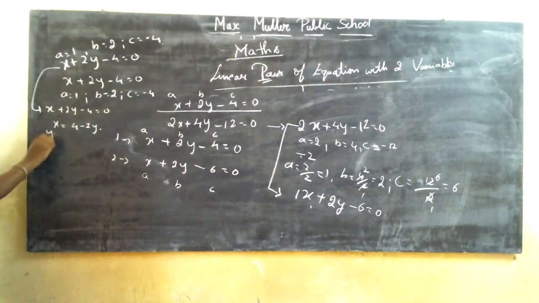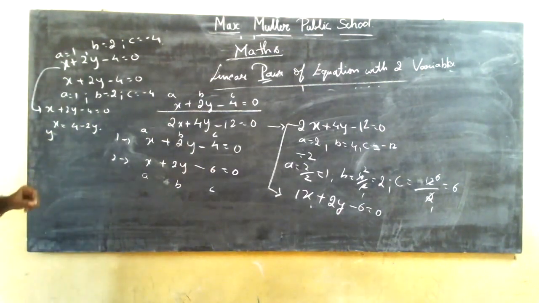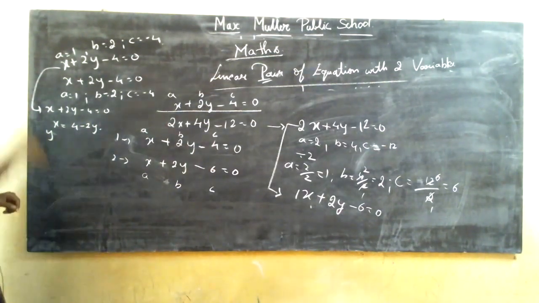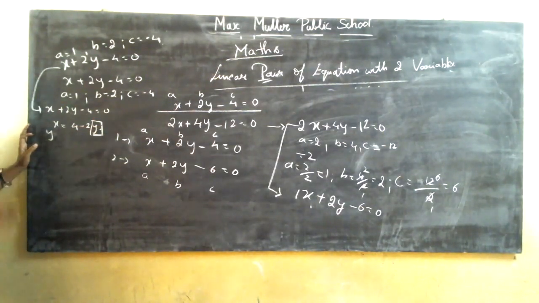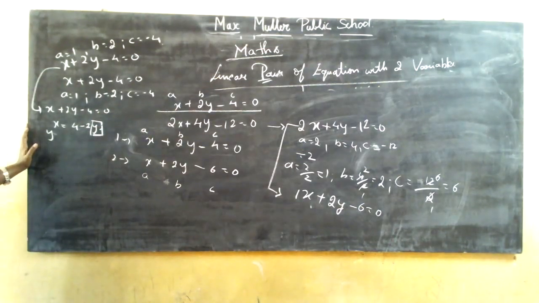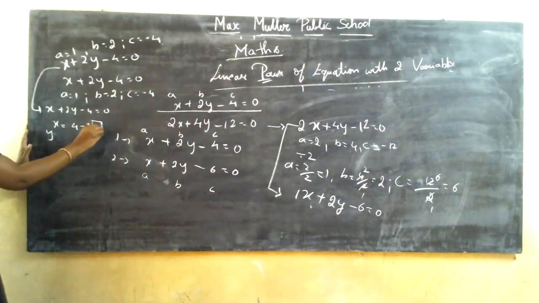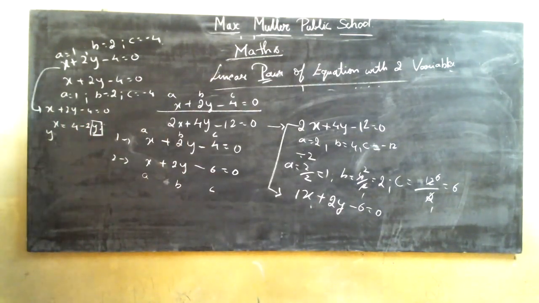Which term are you going to assume when you are going to find out the value? Always the right term, that is the y term. It might not be the y term, you can also take the x term, but remember, always the left hand side and right hand side, you opt for assuming the numbers. Clear?